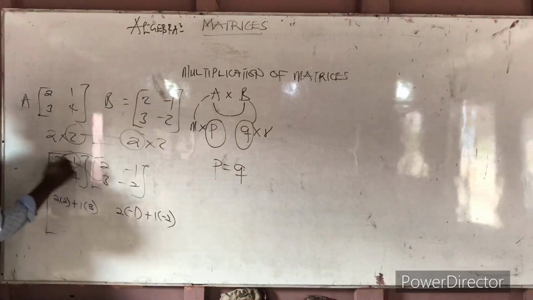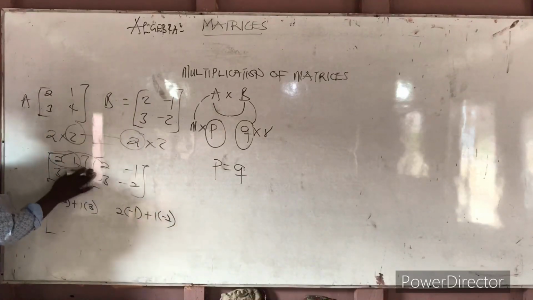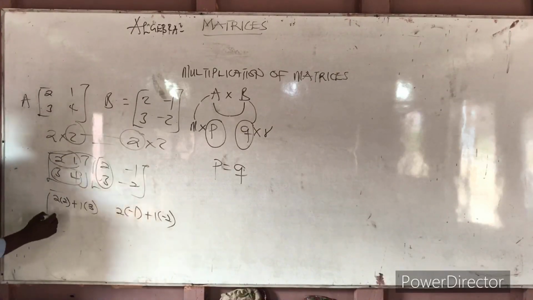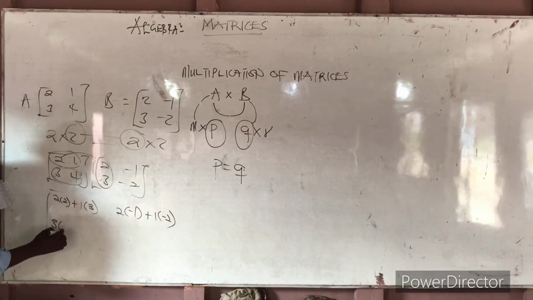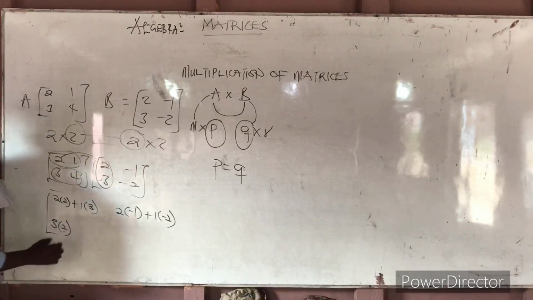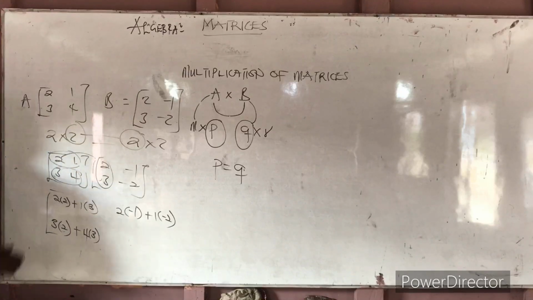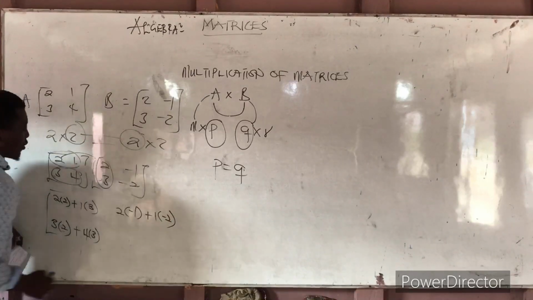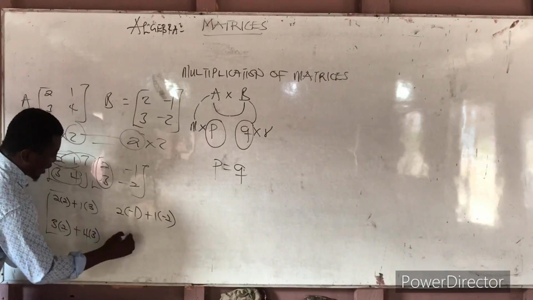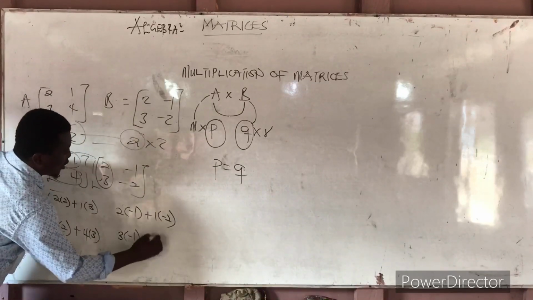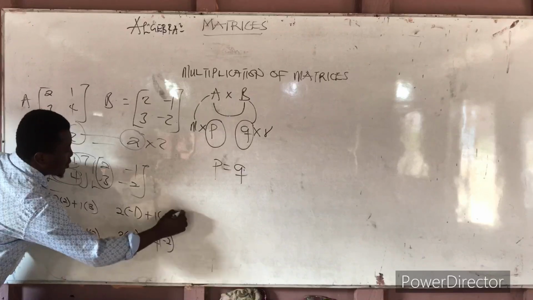You come to the second row. The second row takes the first column, so you get 3 times 2 plus 4 times 3. Then the second row against the second column, you get 3 times -1 plus 4 times -2.